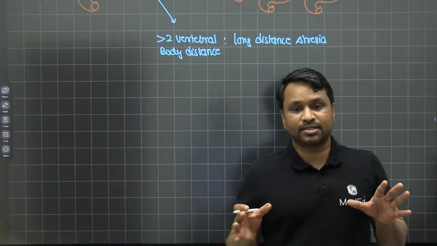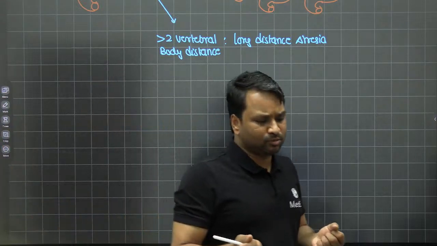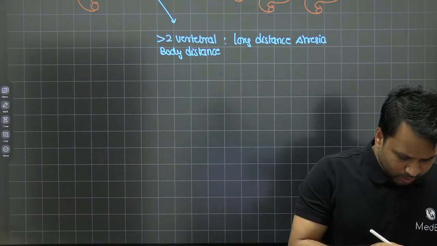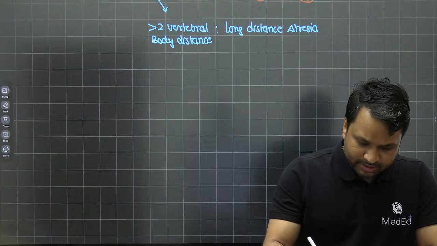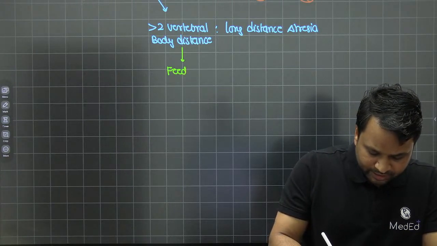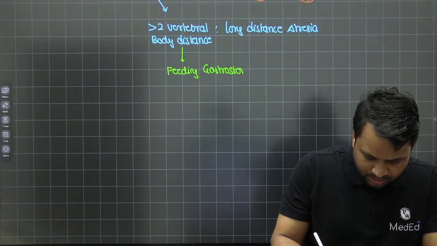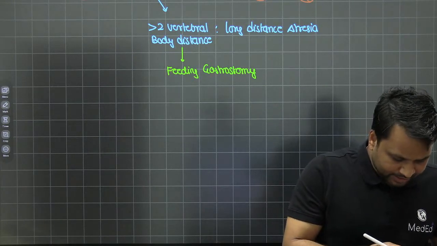Now, in a long distance atresia, I will not be able to make an anastomosis by directly pulling it, right? So what I do is, in a long distance atresia, I have to build in nutrition. So I will do a feeding gastrostomy.